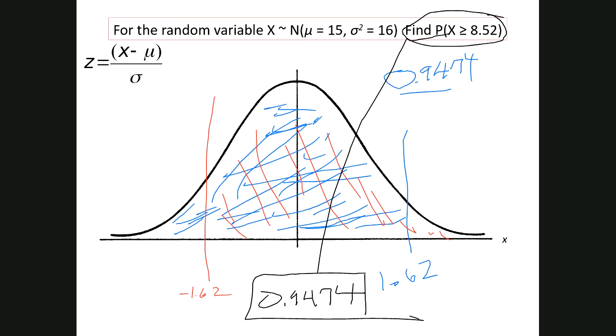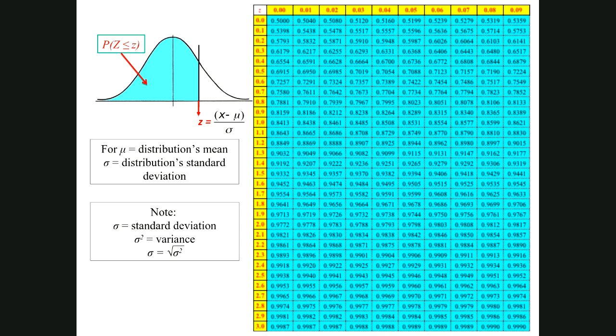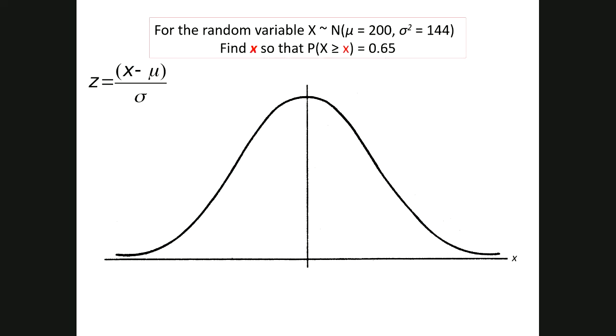All right, so now let's look at another example, and I believe this is our last example. It's a little bit different because now we want to find X, not a probability. We want to find a value of X given a probability.